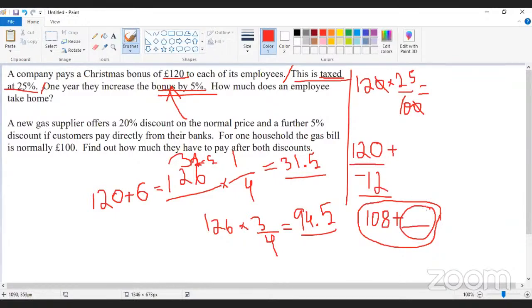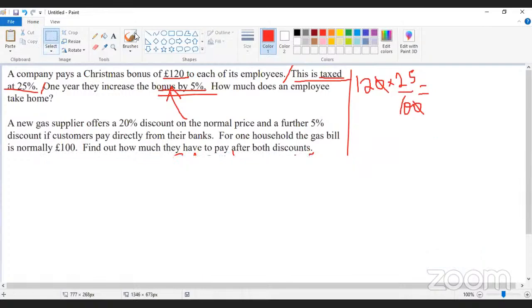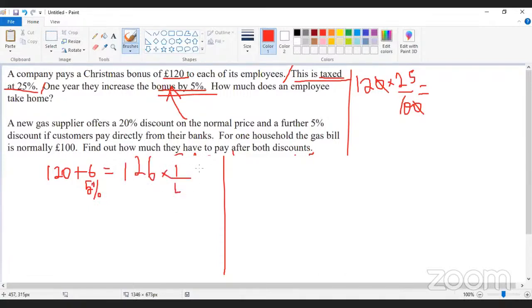So we can do it in two ways. One is I take 120 and find the 5% that was additionally added. So 120 with an additional 5% of the bonus added is 126, and from this 25% is deducted.